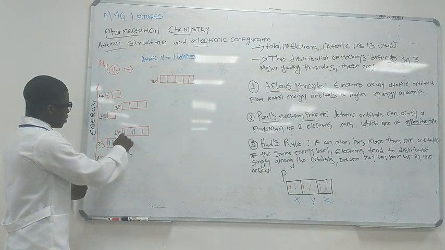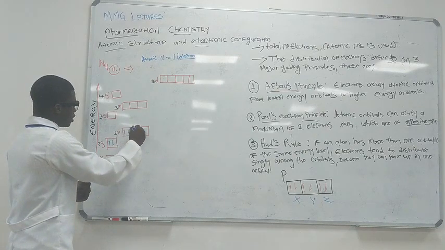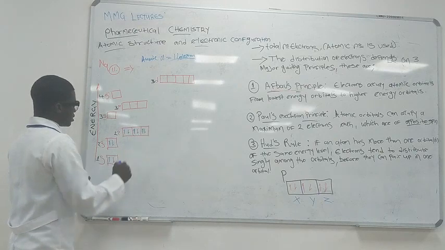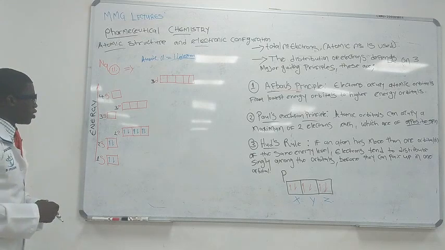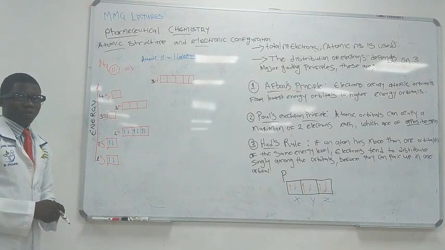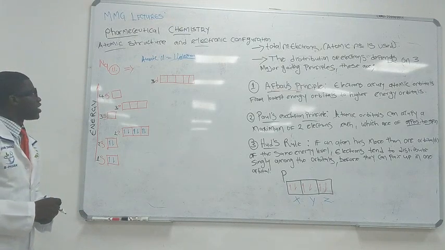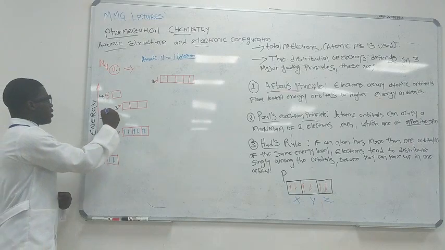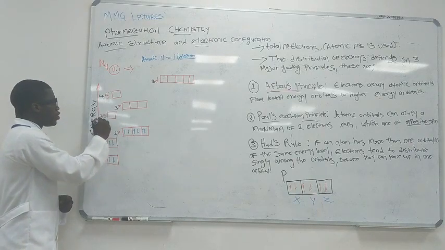So, 1, 2, 3, 4, 5, 6. Okay? So that's giving us a total number of 10 electrons, which means we're remaining with 1 electron to satisfy sodium's electronic configuration. So this 1 electron is going to occupy the s orbital, the 3s orbital.